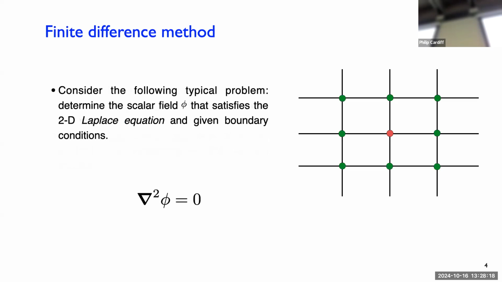To see how that works, I'm just going to take a simple PDE, partial differential equation, and show how the finite difference method would be used to discretize or solve this on a simple structured grid like this. This equation, the Laplacian of phi equals 0, is called the Laplace equation, or the steady state diffusion equation.